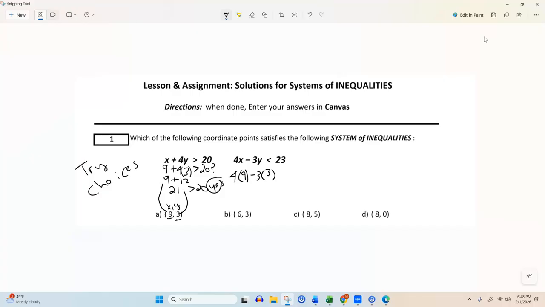Is that less than 23? Well, let's see. 36 minus 9 is 27. Is that less than 23? No, so this doesn't work. That means A is wrong.